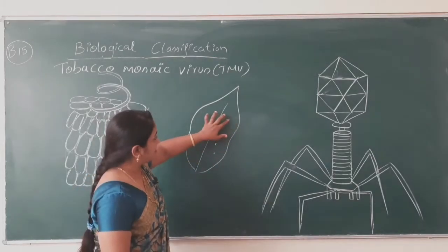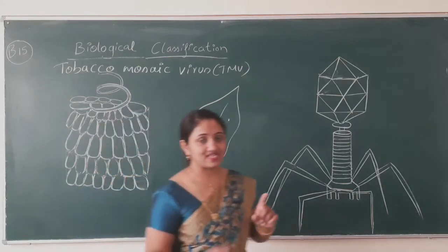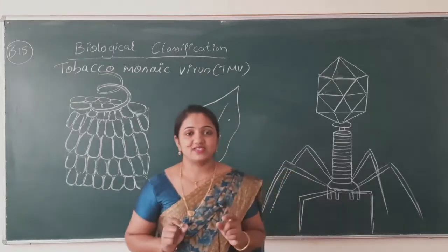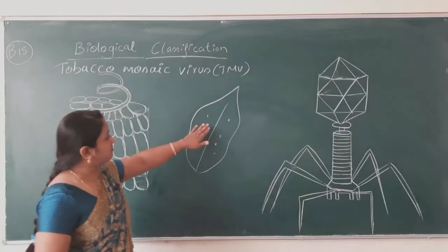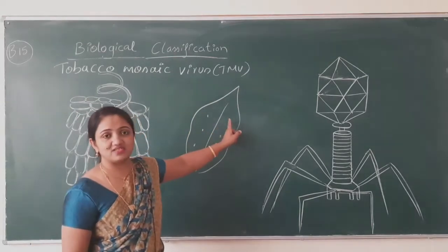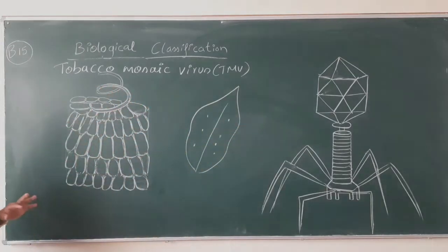So after that we can only see green patches. Green patches indicate chlorophyll. Only in those patches will chlorophyll be present. When the scientists discovered this virus, it looked like that.